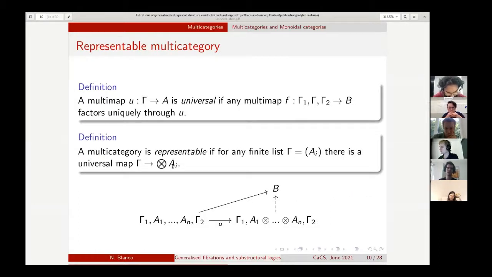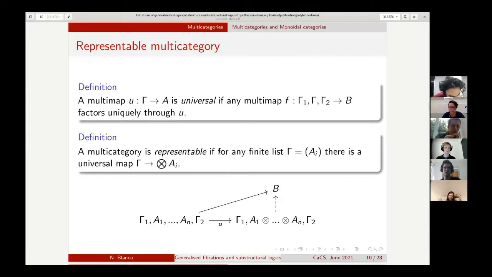And so in any multi-category, we can now define a notion of tensor product in exactly the same way that we did for the tensor product of vector spaces, by a universal property. There we give a definition that is a little bit more general, because we want to give a definition of tensor product that is unbiased, where we define the tensor product of n inputs instead of defining a binary tensor product and then proving some associativity results.